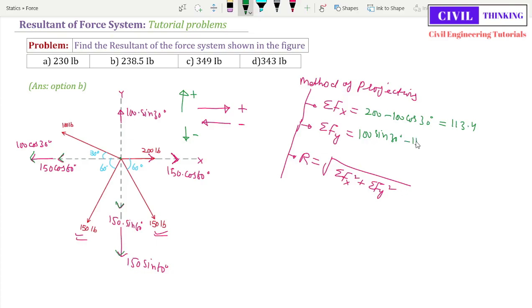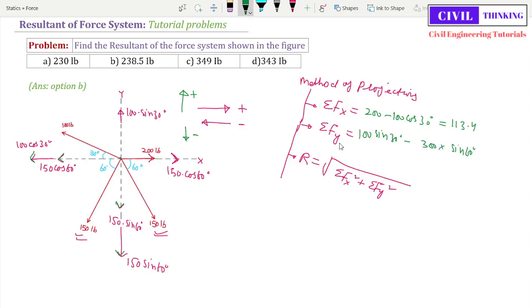So I'll write minus 150 sin 60 minus 150 sin 60. That is minus 2 times 150 sin 60, and 2 multiplied by 150 is 300, so it is minus 300 sin 60 degrees.